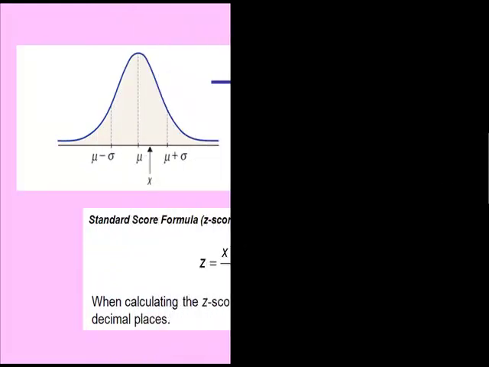And we were taking our lovely mu and mu plus a standard deviation, or mu minus a standard deviation, and we found an x value. Now we're going to think of it a little differently.